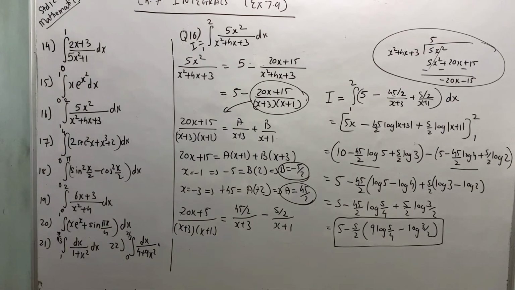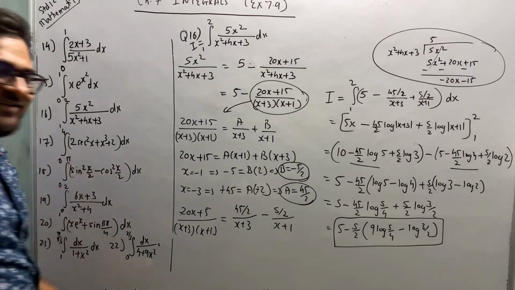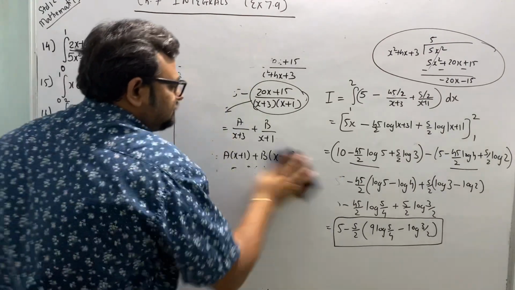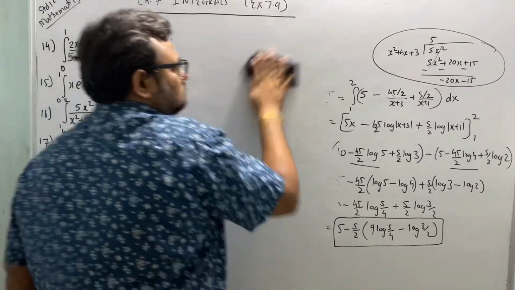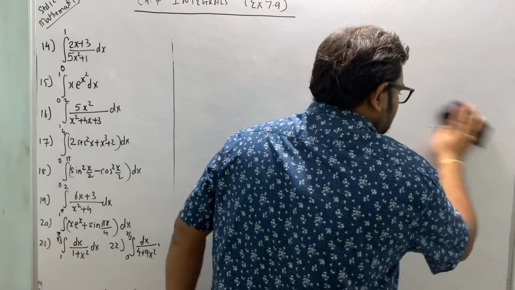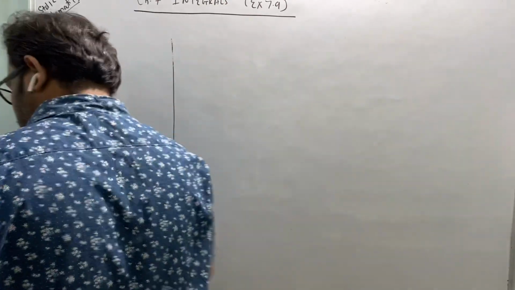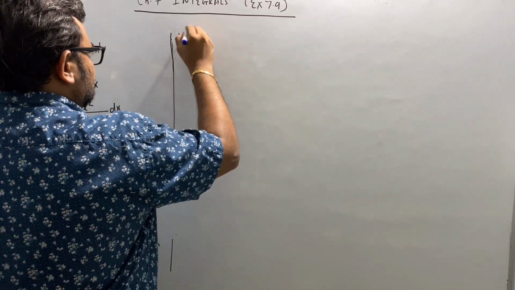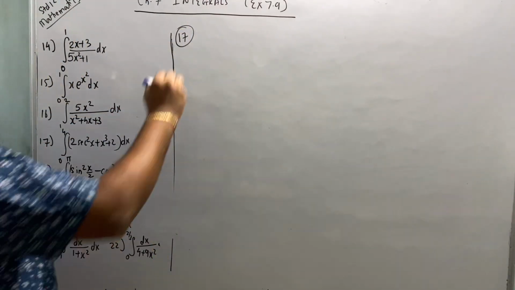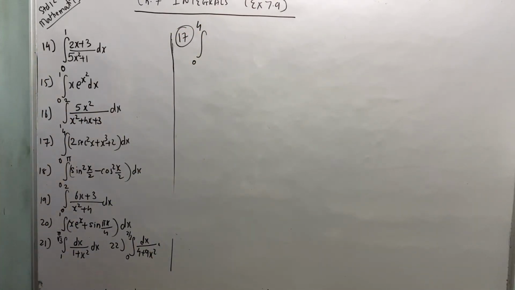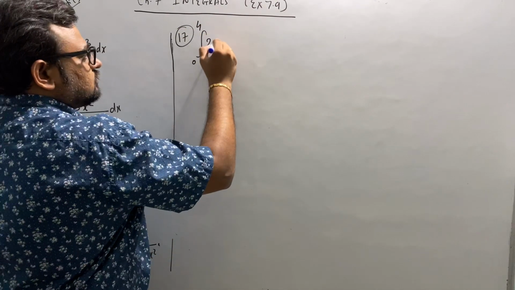Okay, so now let's move to the next question, that is question number 17. Question number 17 is integral from 0 to 4 of 2x square plus x square plus 2.